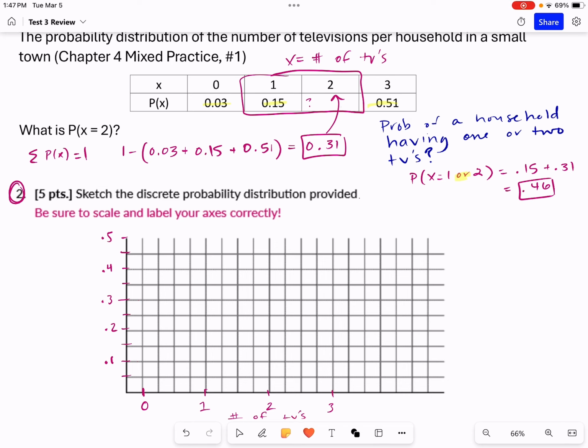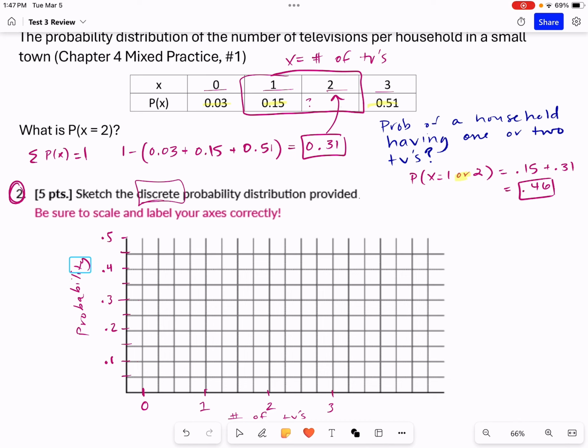And then remember, for a discrete random variable, we want, or discrete probability distribution, same thing. Discrete probability distribution shows the graph of a discrete random variable. I just want a straight vertical line above each of these numbers, 0, 1, 2, and 3, that tells me what my probability is for each one.